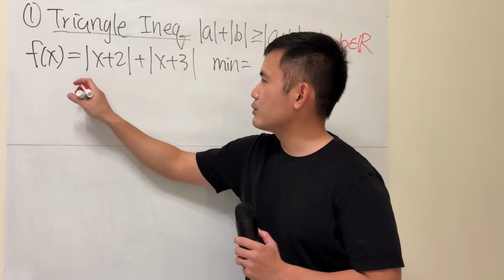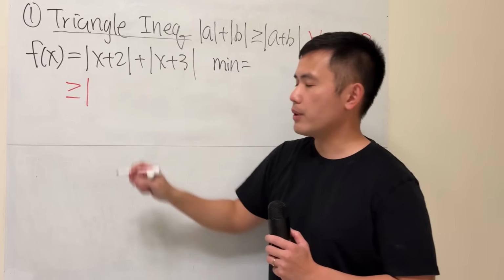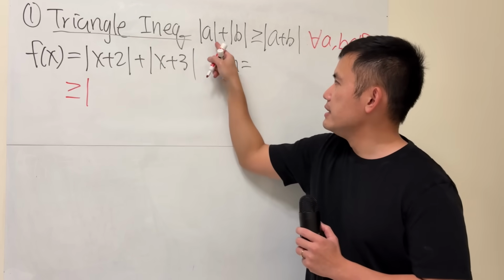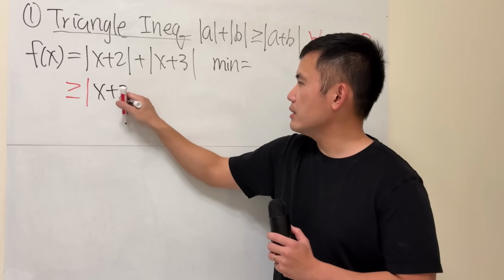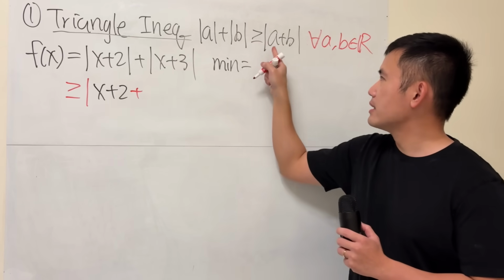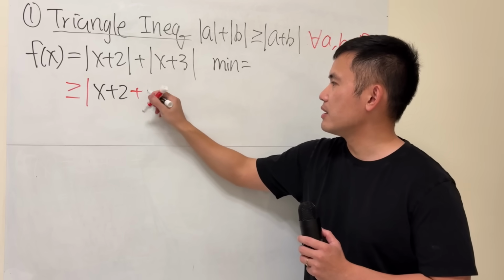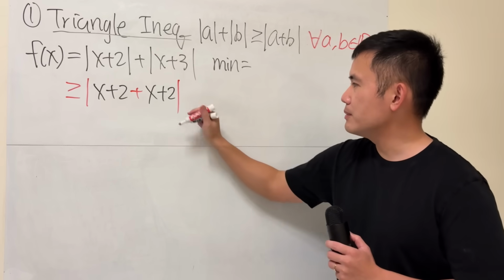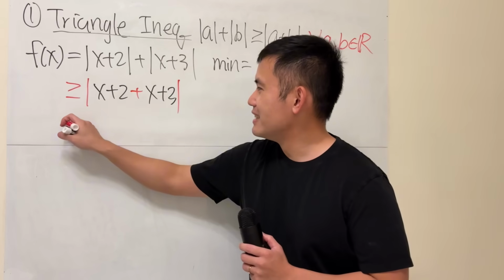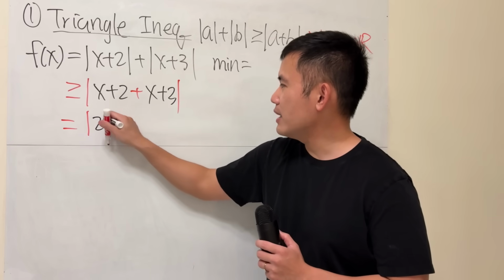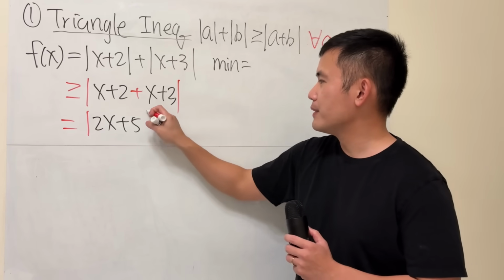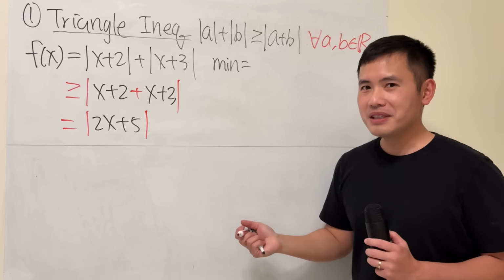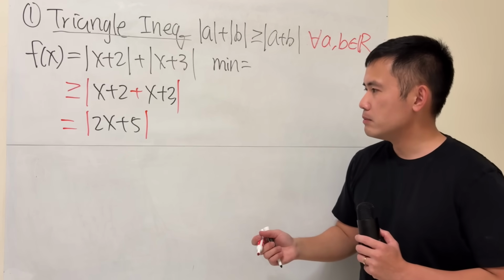So we are saying that this right here should be greater than or equal to absolute value. This is like the A, so put that down. And then we add that with, this is like the B, so we put that down inside here. Combine like terms inside. This is equal to absolute value of 2x plus 5. Okay, so far so good, nothing wrong with it.